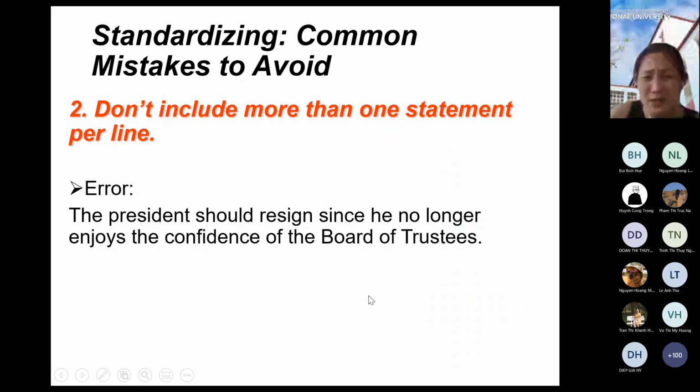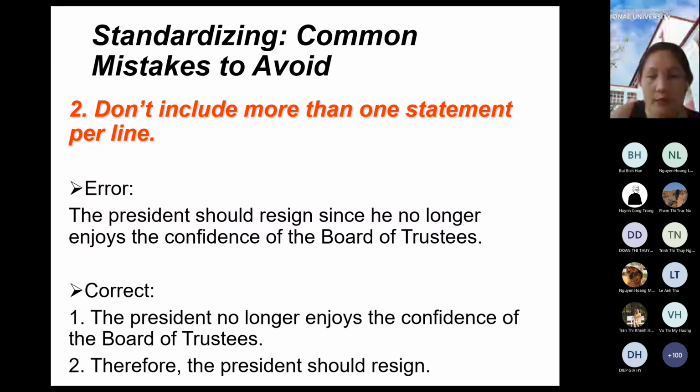They will ask, who is he? So you need to say, the president no longer enjoys the confidence of the board of trustees. That is how we fix it: we rewrite and make it a better statement. Understand? So again, that would be the mistake if you write a compound statement, or one statement with more than one piece of information.